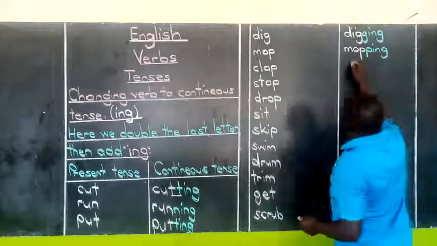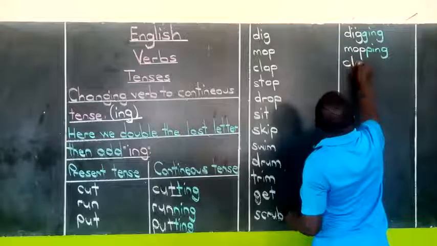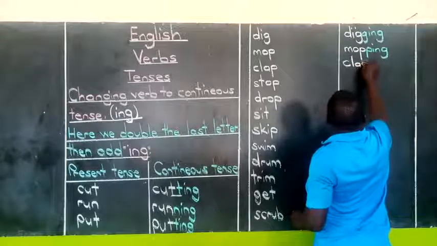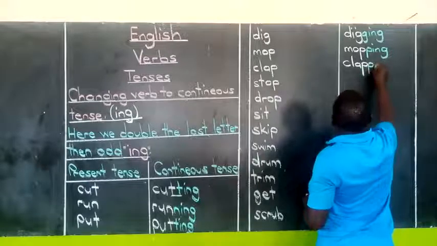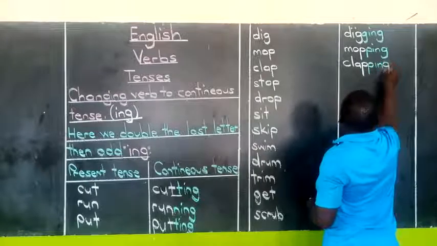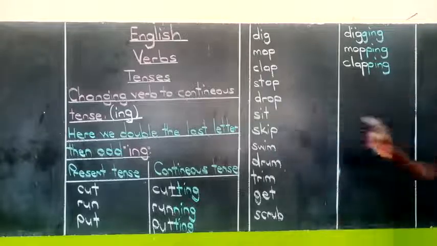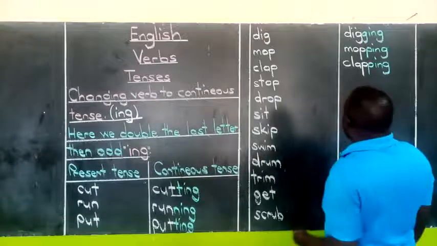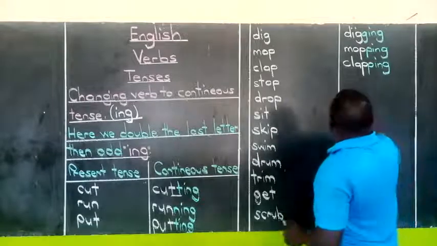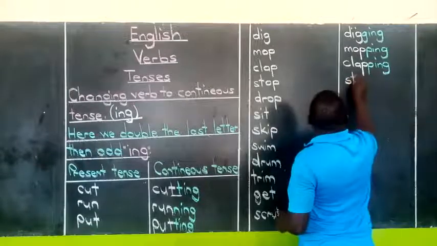We shall have clapping. That means add another P. Then ing. That is what the instruction said. Double the last letter. Stopping.